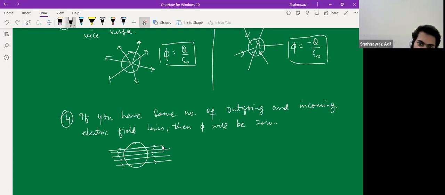And how many are outgoing? 5. So for the case of entering lines, what would be my flux? How many lines are entering? 1, 2, 3, 4, 5. So minus 5, right? Because for incoming, this would be minus. And for these outgoing lines, what would be the flux?